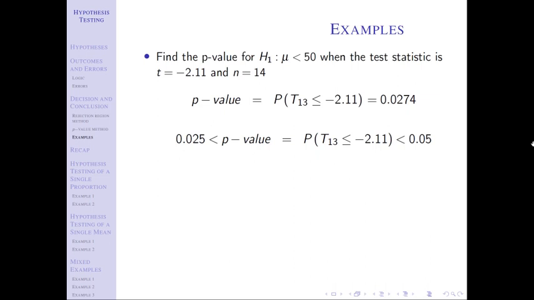When I follow those numbers up to the very top, in the part that says one-tailed area, I see that those numbers correspond to 0.025 and 0.05. And so that's how I can say that my p-value is between those two probabilities.